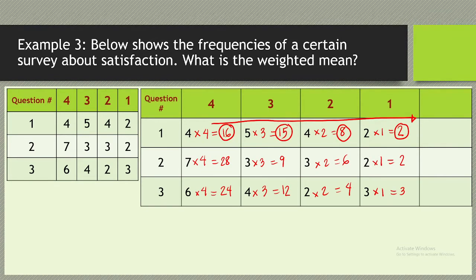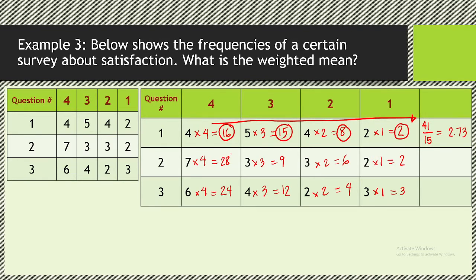So 16 plus 15 plus 8 plus 2. There we have 41 divided by how many answered the questionnaire? 15. So 41 divided by 15, that will give us 2.73. This is the weighted mean for question number 1.